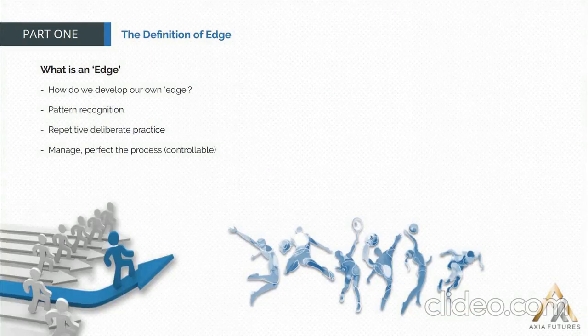The definition of edge. What is edge? Edge can be a number of things. For me, edge is very simple. It's an advantage. It's a unique advantage. Now, the important thing to understand about edge, guys, is that edge doesn't last forever. Okay?